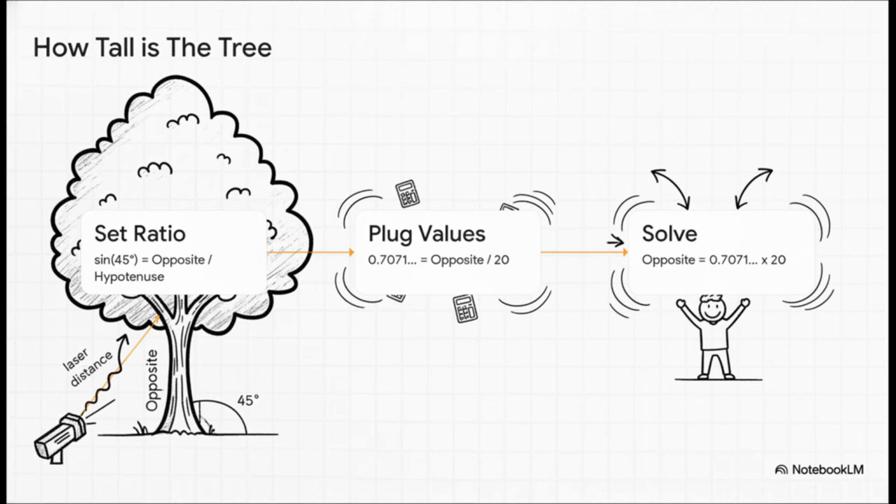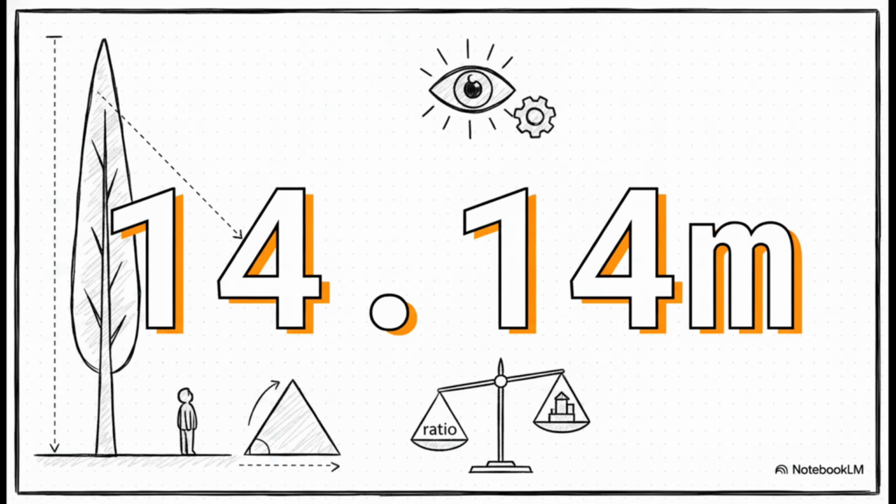Step 3, we just multiply both sides by 20 to isolate that missing opposite side. And boom! There's our triumphant result, 14.14 meters. We never climbed the tree, we never even left the ground. We just used a simple, elegant ratio to measure the unreachable. That is the literal magic of trigonometry, solving a real-world problem.